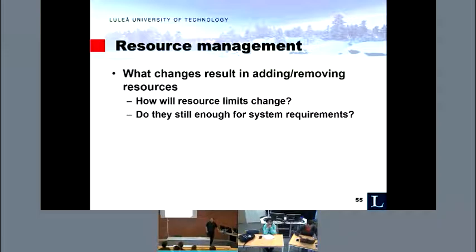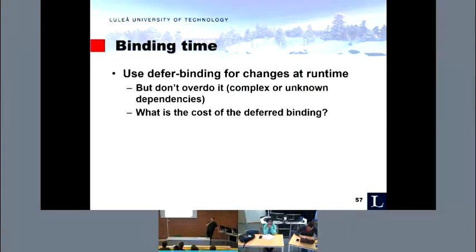Are the resources still enough for the system requirements? Like if I defined you need this much bandwidth, or this many connections to the database, are they still the same after you made the change? So you need to update those requirements, maybe.